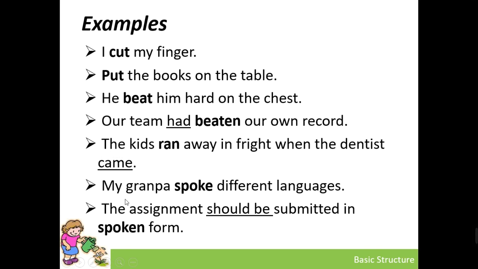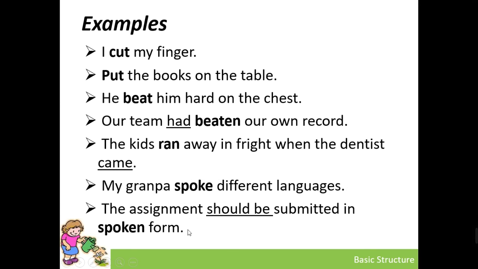The next one is "My grandpa spoke different languages." Okay, here again, this is a verb with pattern ABC, meaning that verb 1, 2, and 3 of this verb have different forms. So spoke, according to the table, is verb 2. It is past tense. My grandpa spoke different languages.